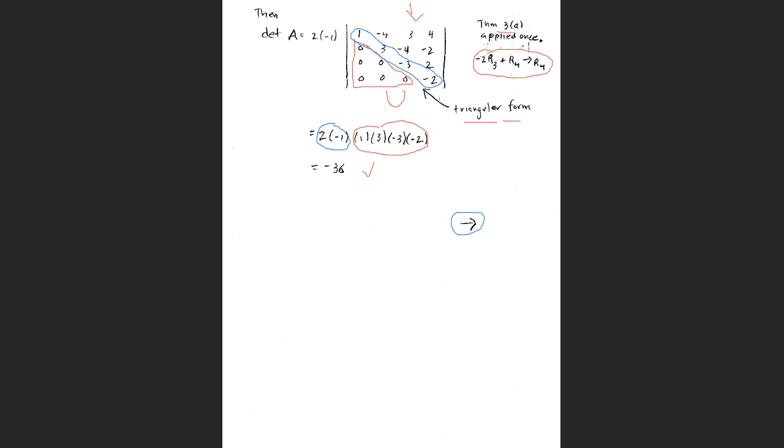That's why I have the arrow here. We're done computing the determinant, but I'm going to show you something. But I want to just bring up the numerical note real quick in your book.